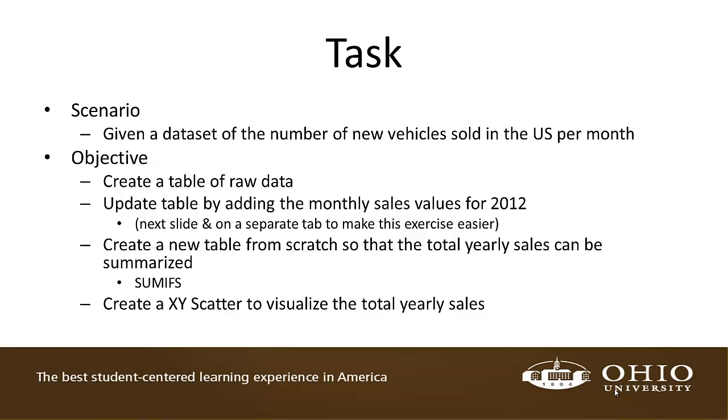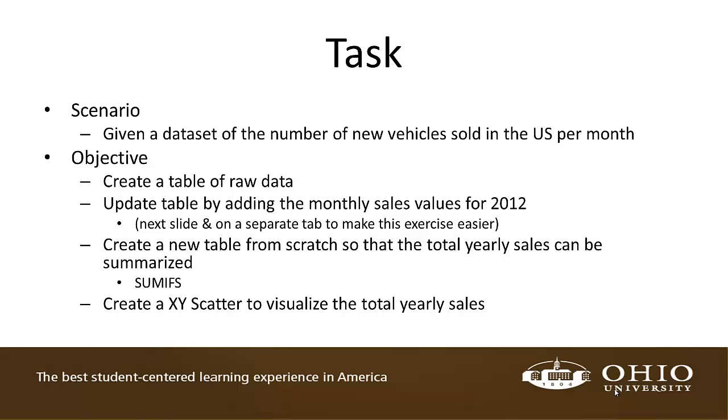What we will see when we open the file is all the monthly values starting at 2004 to 2011, and on the next slide, and I've actually made this available in the Excel file, the new data for 2012, just to make it a little easier versus manually entering all that information.